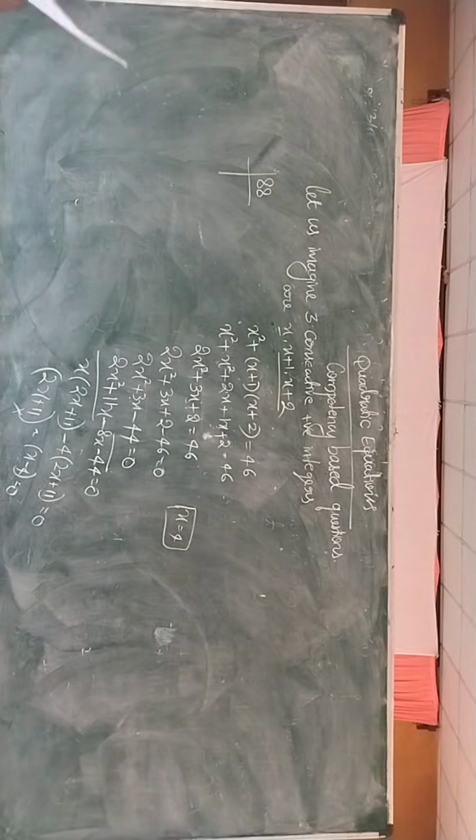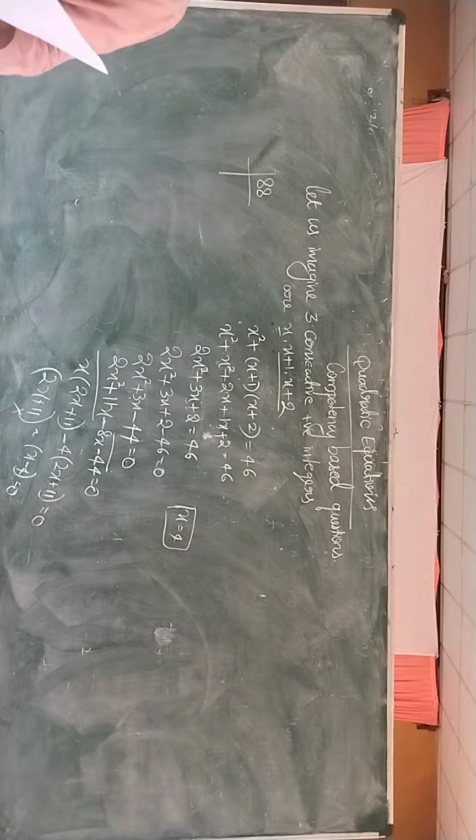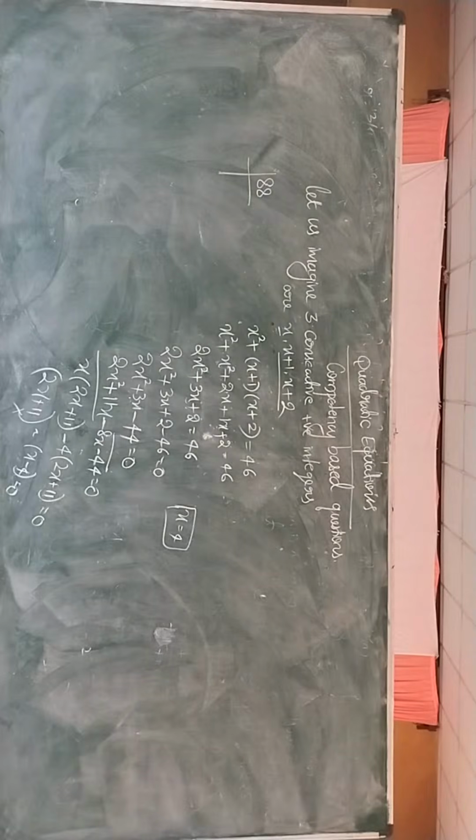A two-digit number is such that the product of its digits is 18.